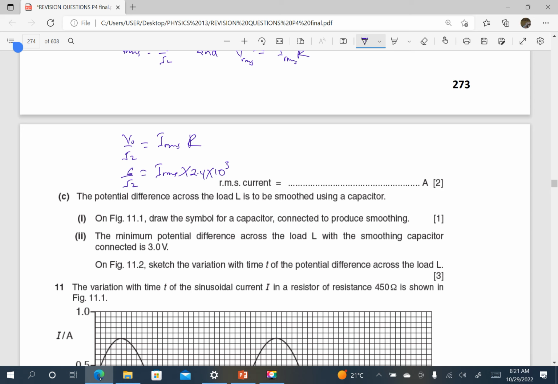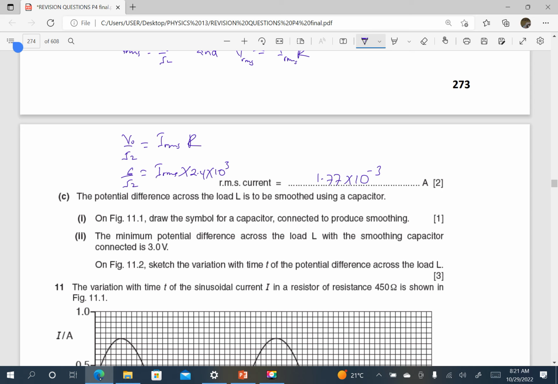And this is giving me 1.77 times 10 power negative 3, or approximately 1.8 times 10 power negative 3 amperes.